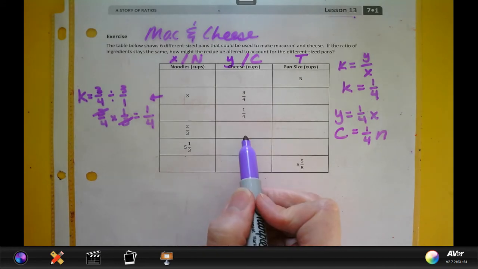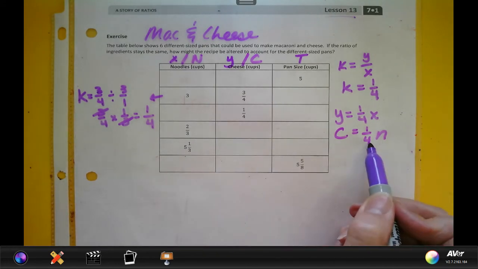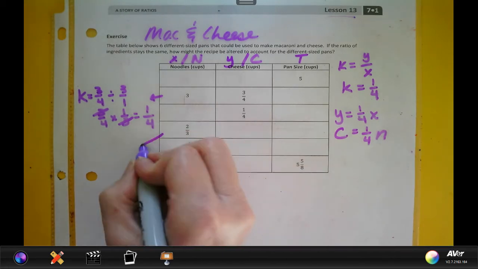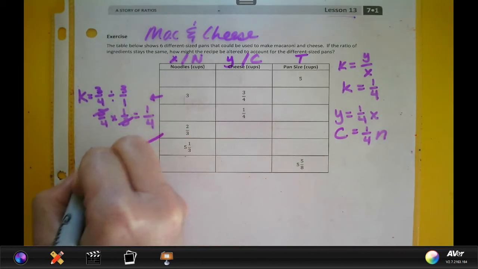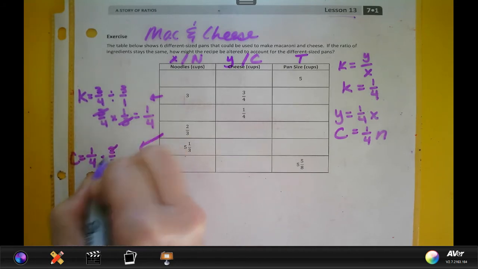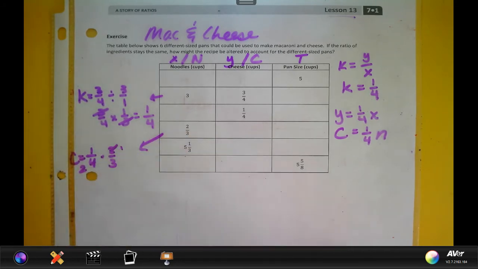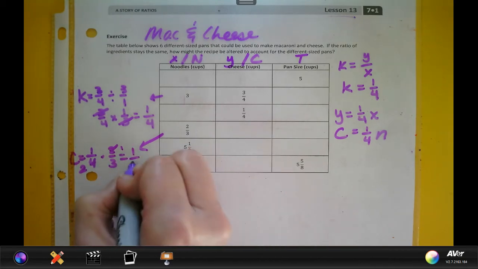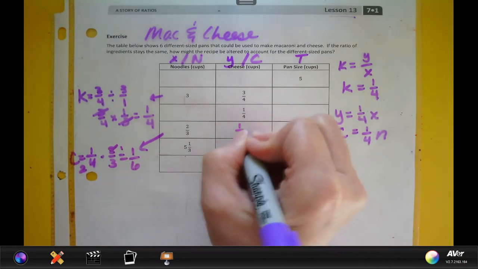How do I find the amount of cheese? I do 1/4 times the noodles. So 1/4 times 2/3. The 2 and the 4 I can cross cancel, and that gives me 1/6.